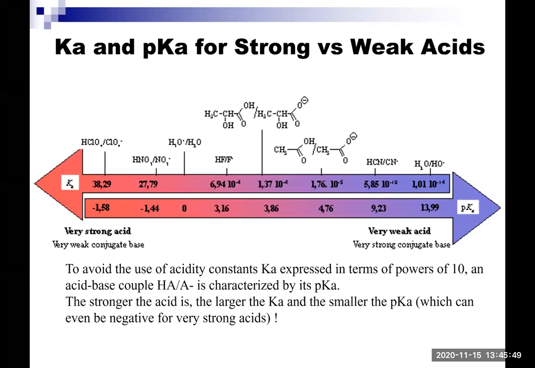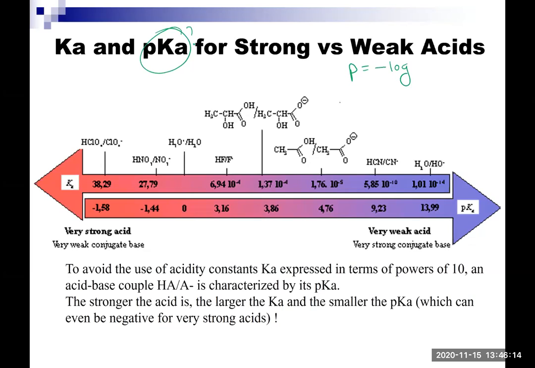Let's look at some Ka values and then also analyze why would we be interested in pKa values. So what is the draw to convert from Ka to pKa? Whenever you see a lowercase p in chemistry, that means you're taking the negative log of something, whatever it happens to be.